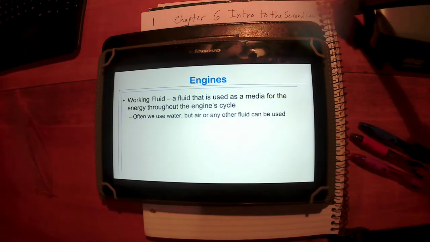Now, another term here, working fluid. That is the substance that we use to move heat from one part of the engine to another. Move the heat throughout the cycle. And we tend to use water. It's not very corrosive. It's not toxic. It's fairly readily available.